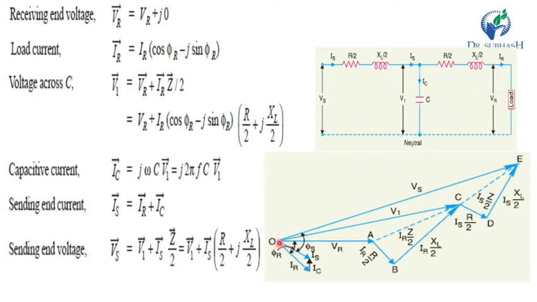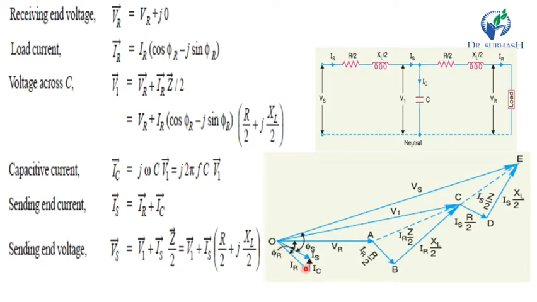So we draw the line from VR with the angle phi r. Here we draw the line IR. Now the IR current is complete.